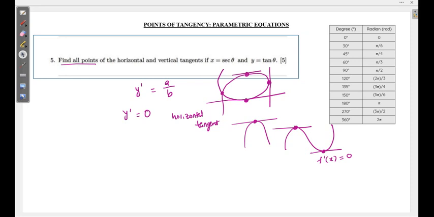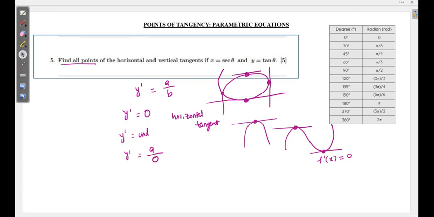Now the tangent will be vertical if the gradient, or your derivative, is undefined. Remember that the gradient of a vertical line is undefined. This means that you should have a over 0.